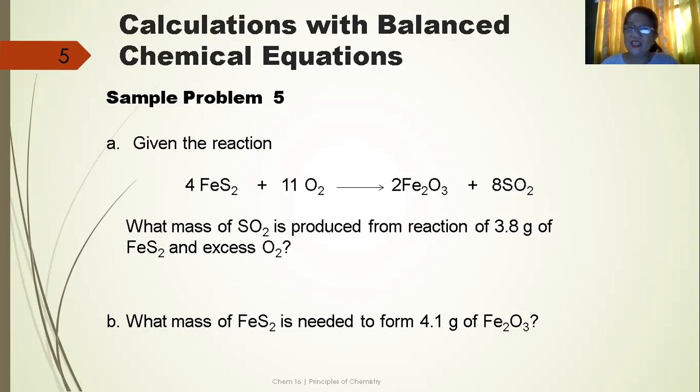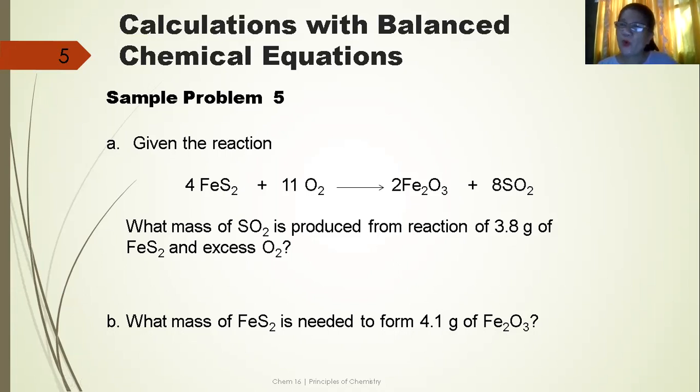So what is needed here? What is the mass of sulfur dioxide produced? And what is given is 3.8 grams of ferrous sulfide. So in letter B, what is the mass of ferrous sulfide needed to form 4 grams of ferric oxide.